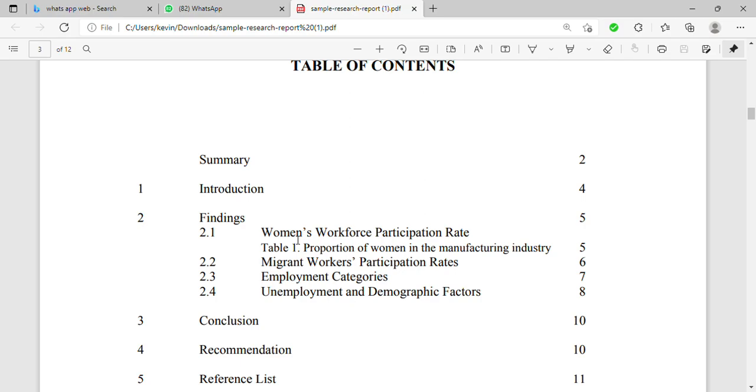Part 1 for women's workforce participation rate will be found on page 5. Then the finding of migrant workers participation rate will be on page 6. Then the finding of employee categories will be on page 7. The finding of unemployment and demographic factors will be found on page 8.